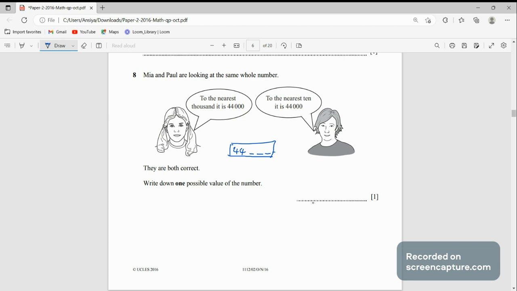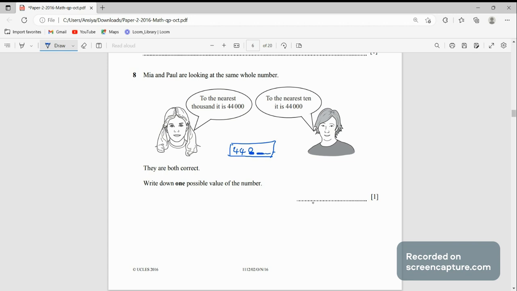So definitely the digit coming here is less than 5. That's why she can round it and say 44,000. But we don't know. We will see what Paul is seeing. Paul says to the nearest 10 it is 44,000. Okay, so to the nearest 10 also it is 44,000. That's a clue. It is 440 coming here.